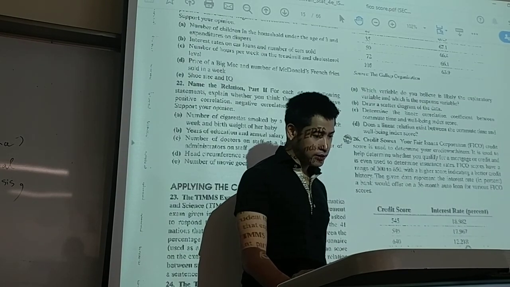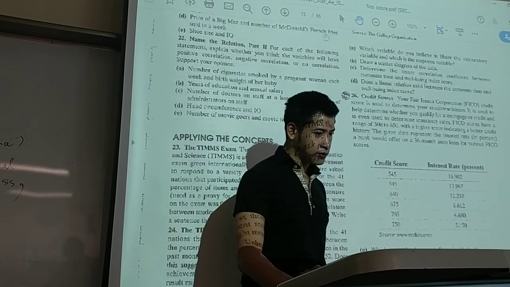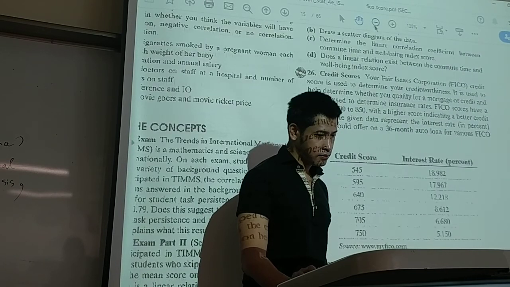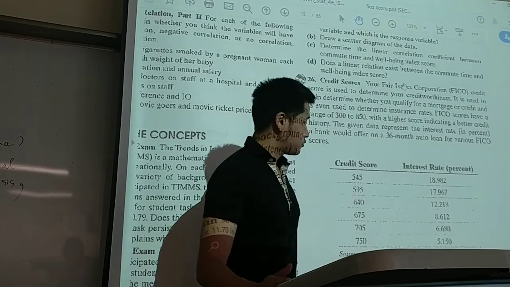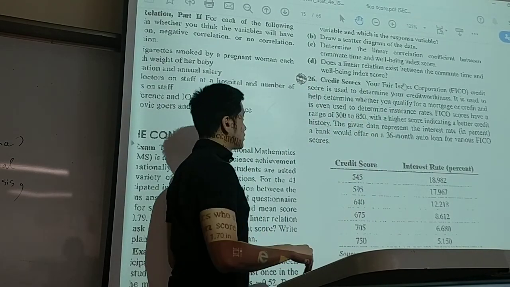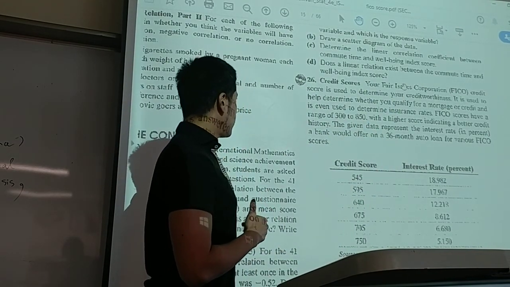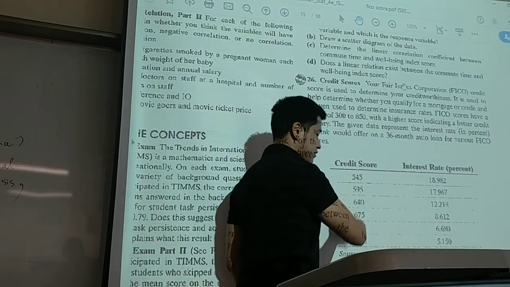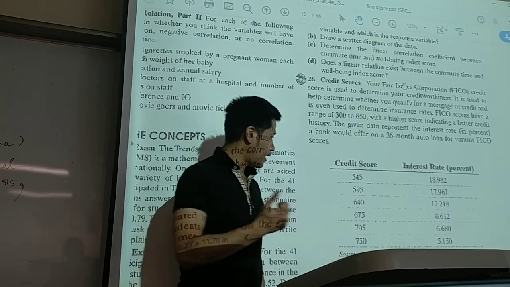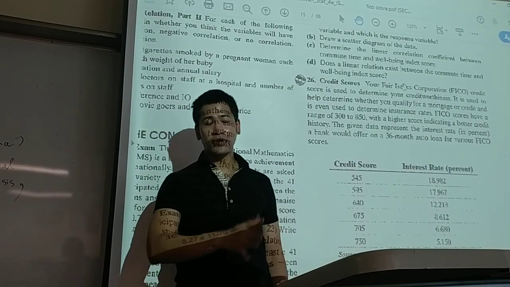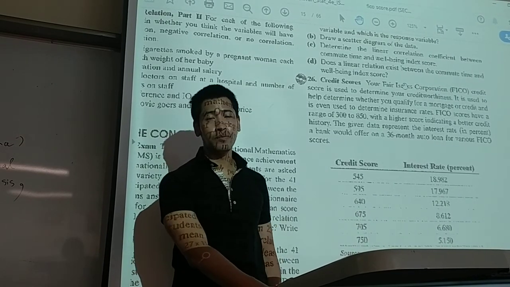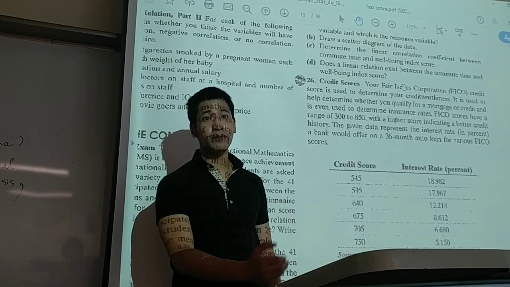Remember that I was mentioning exercise 26, credit score. So FICO, this is exercise 26. FICO credit score indicates your financial reliability. The higher the score, the more likely you're able to return the money if you borrow from the bank.